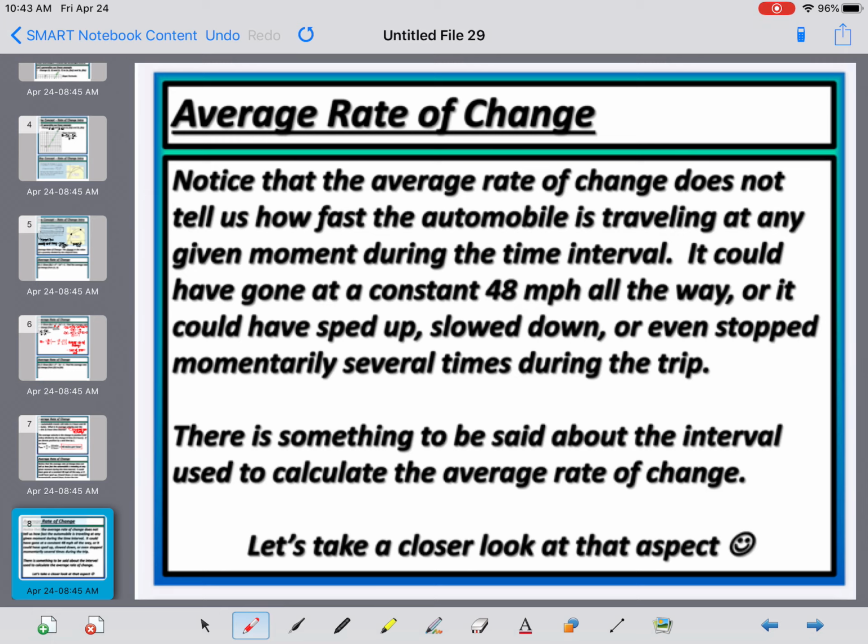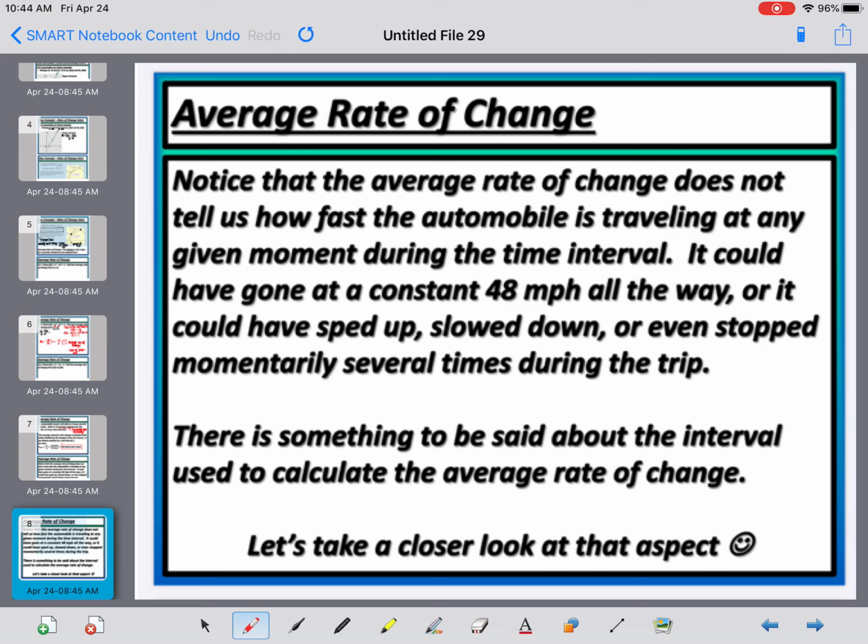It tells you over the entire time period. So the car could have gone a constant 48 miles per hour the entire way, or you could have sped up during certain intervals. It could have been slowed down. You could have even been stopped for a period of time over that 2.5 hours.